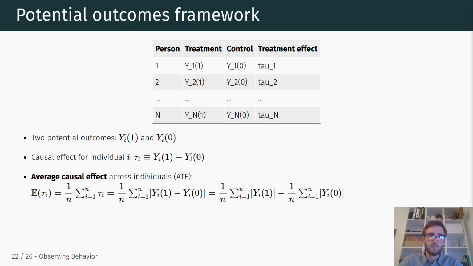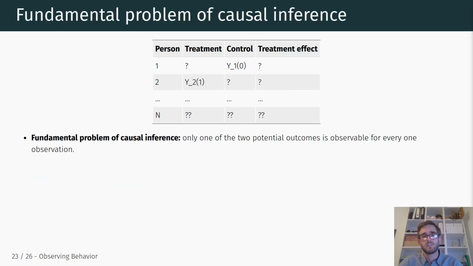So rather than having this table where we have the potential outcome for treatment and control for each observation, and we can actually compute this treatment effect, our data usually only looks like one realized potential outcome, depending on whether that person was in the control group, as here row 1, or row 2 in the treatment group. So we cannot compute the treatment effects for each individual observation, and therefore not, without making additional assumptions, estimate the average treatment effect.